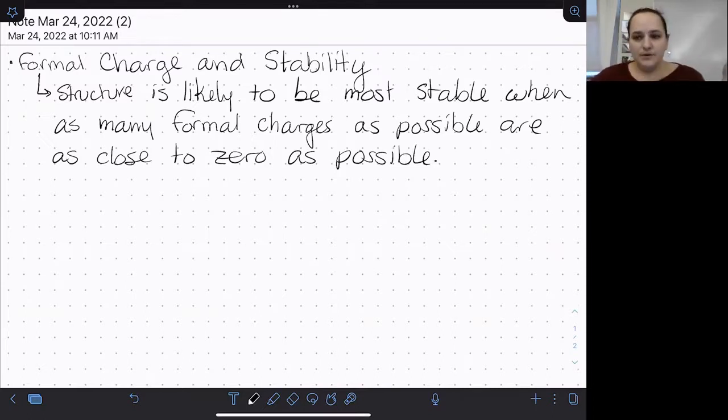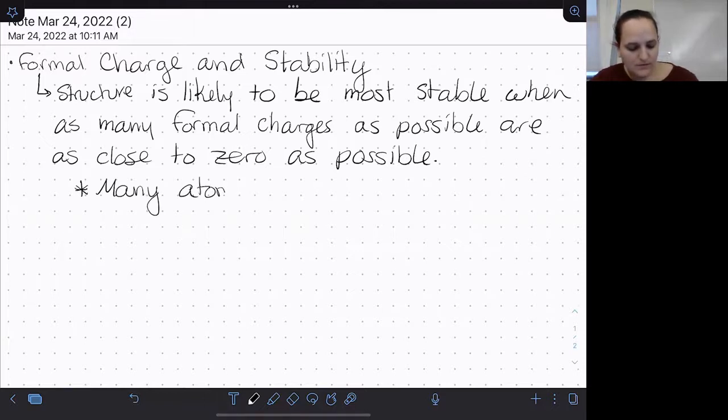So if you have multiple options for structures that you can draw, generally the best one is going to be the one that minimizes formal charge. So you will frequently find that this is one of the major reasons why expanded octets tend to happen. Creating an expanded octet minimizes the formal charge, and that is actually preferable; it is more stable to minimize the formal charge than it is to just follow the octet rule.